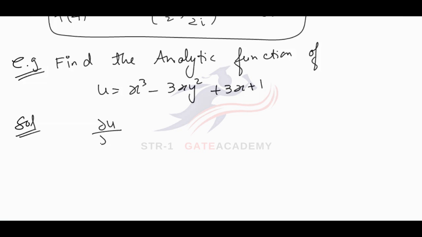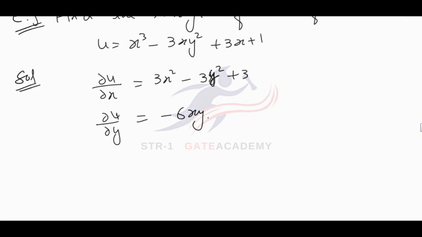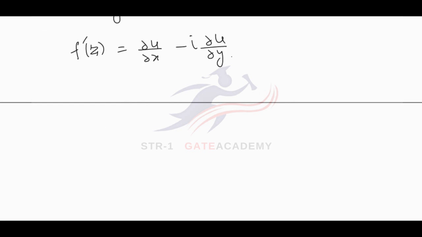You want del u by del x, which will be 3x square minus 3 into y square plus 3. And what will be del u by del y? Del u by del y will become minus 6xy. You know that f dash z will be nothing but del u by del x minus iota times del u by del y, because we know the real part.